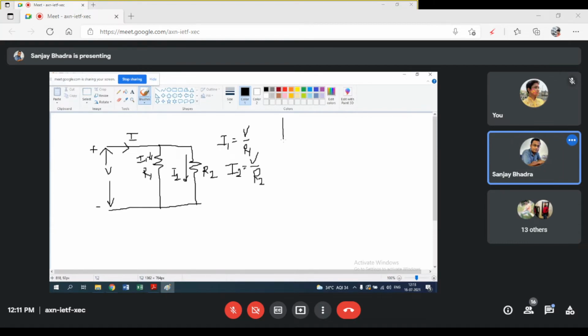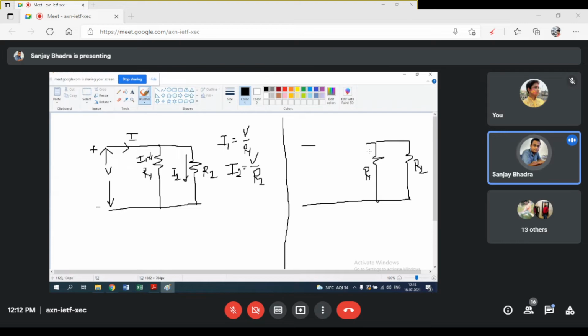Fine. However, let's say you have the same figure. You make the same figure. You have your R1 given, and this is your R2 given.